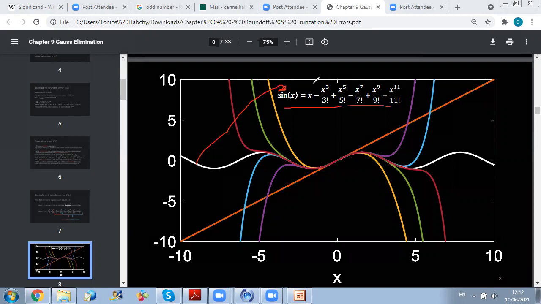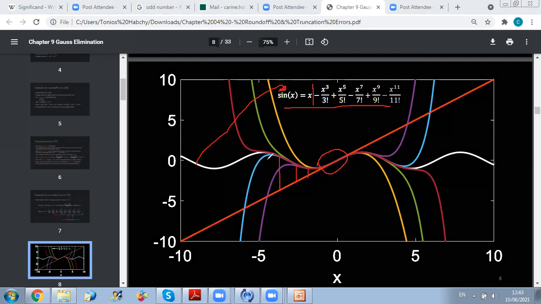First, if I just take the first term, if I just take x, it's just a linear variation. And if you compare on your figure, you can see that this approximation is only valid in a very limited zone, because as I go far from 0, the difference with the white curve will increase.